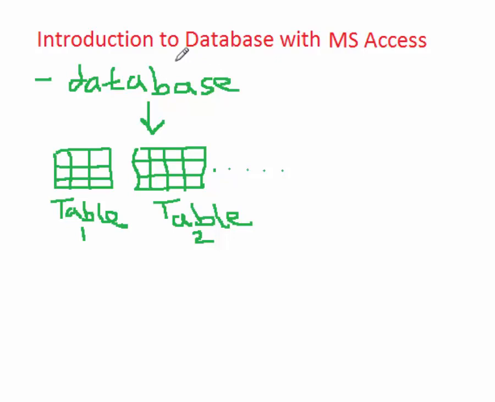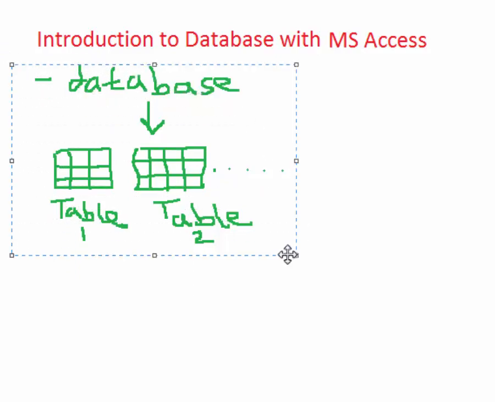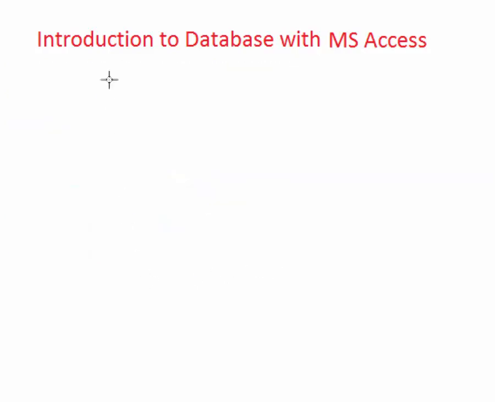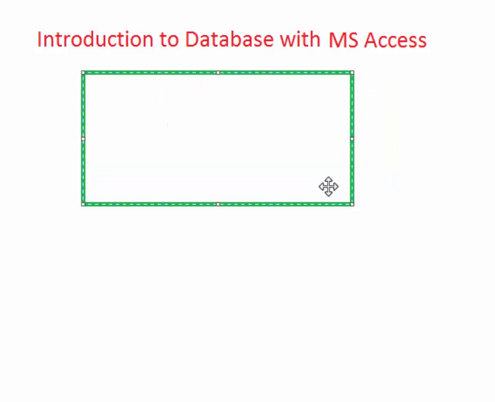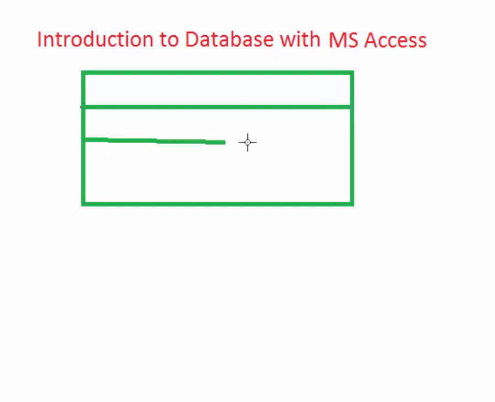Another point is this: a table of a database has 2 main things. It has what we call rows and columns, just like any other table. So if I take a table here of a database, I will have row 1, row 2, row 3.